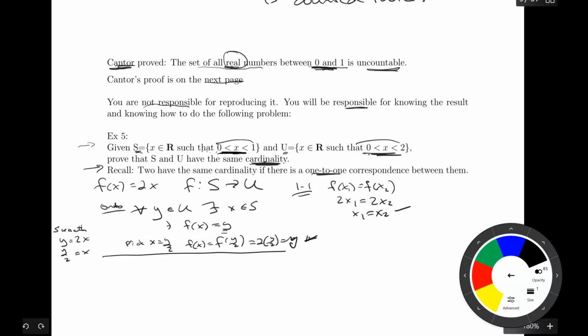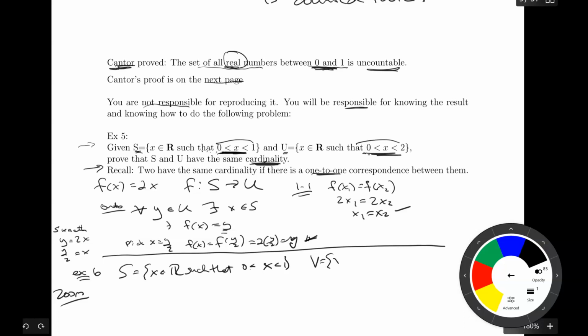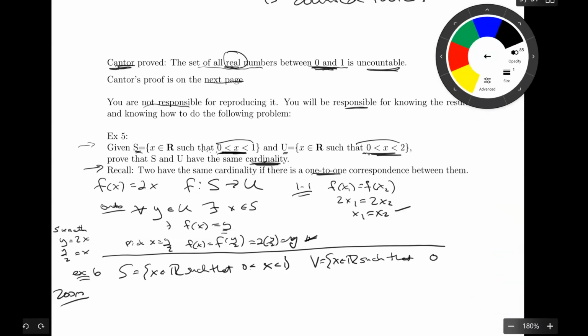All right, let me make up an example that you are going to do. Let S be the set of x in the reals such that 0 < x < 1, and let V be the set of x in the reals such that 0 < x < 3.